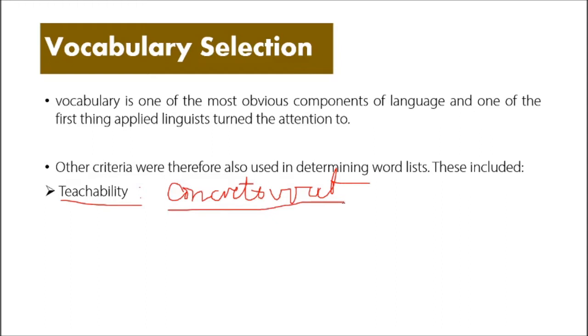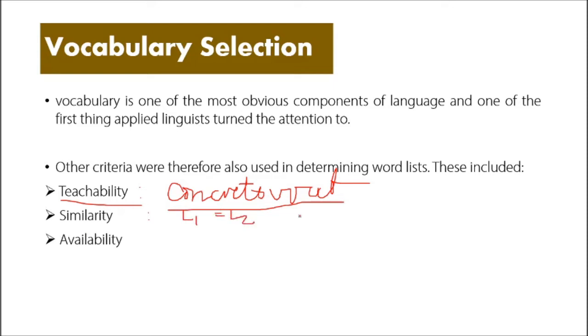Again, it should include the concrete vocabulary, meaning it can be represented by a thing. Alright, next one is similarity. Words or items may be selected because they have similar words in the native language, L1, and there is a similarity in L2.